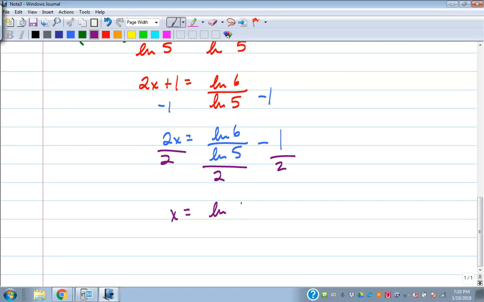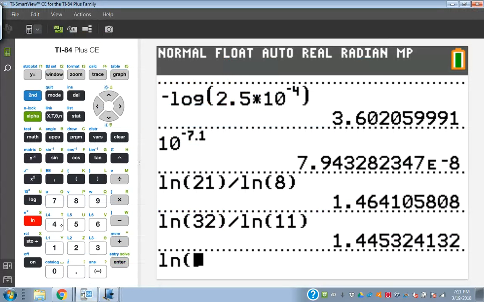If I divide a fraction by something, it just becomes part of the denominator. And then all I've got to do is get a decimal approximation. So dividing by 2 just puts the 2 in the denominator of that. And then get a decimal approximation for that. So natural log of 6 divided by 2 times the natural log of 5.